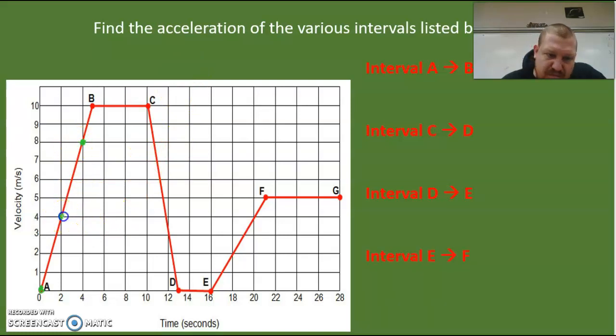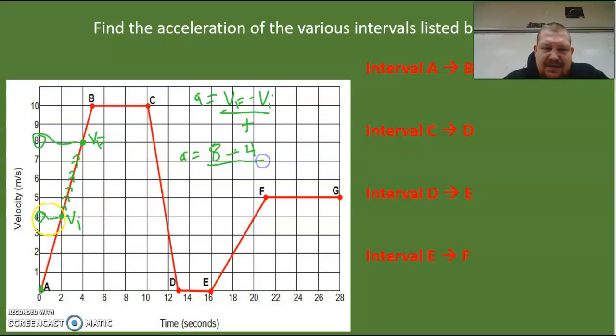So our acceleration formula is A equals final velocity minus initial velocity over time. My initial velocity is here because I'm starting here and I'm moving up to my final spot here. So acceleration equals final velocity, which is 8 meters per second, minus initial velocity, which is 4.